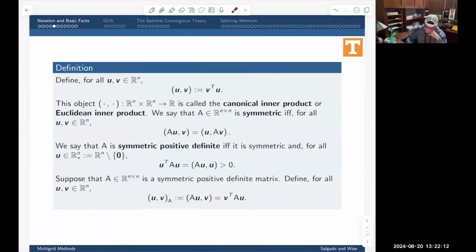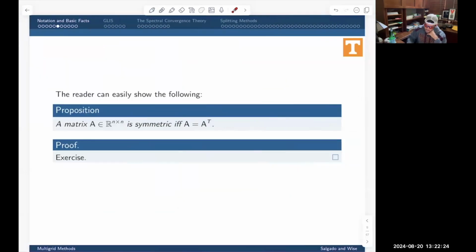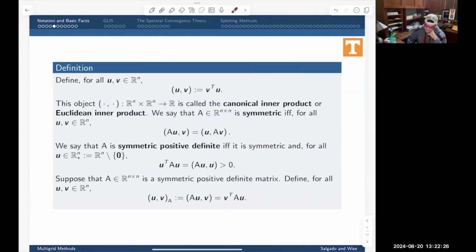How would I prove this? Well, I would go back to this definition here, and I would simply ask, what do you think I should put in for U and V if I want to show this property? What should I choose for U and V?